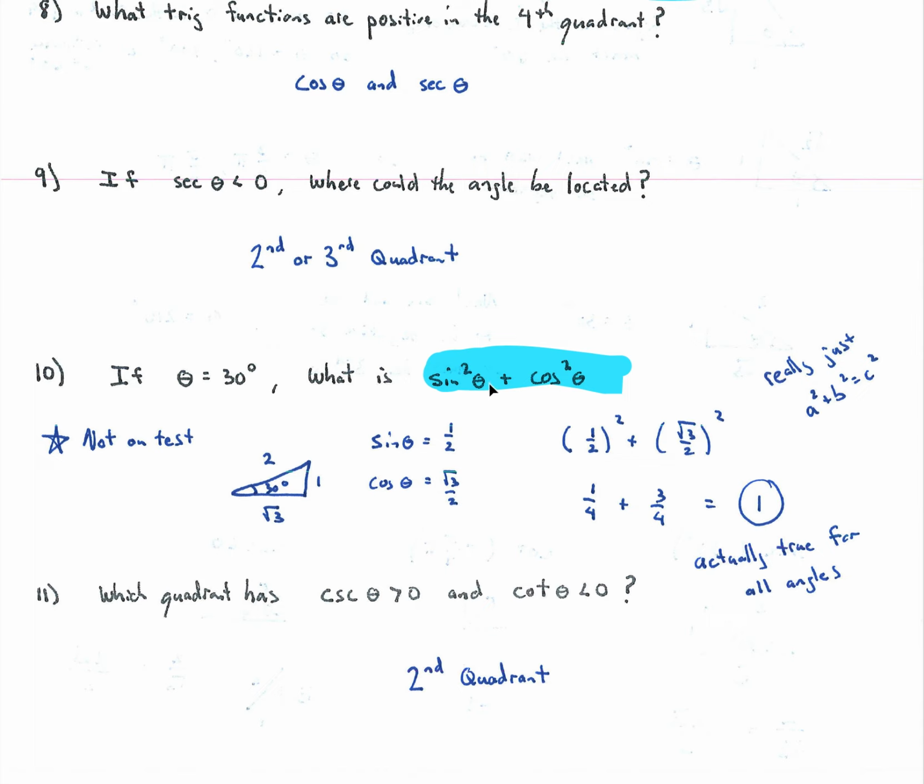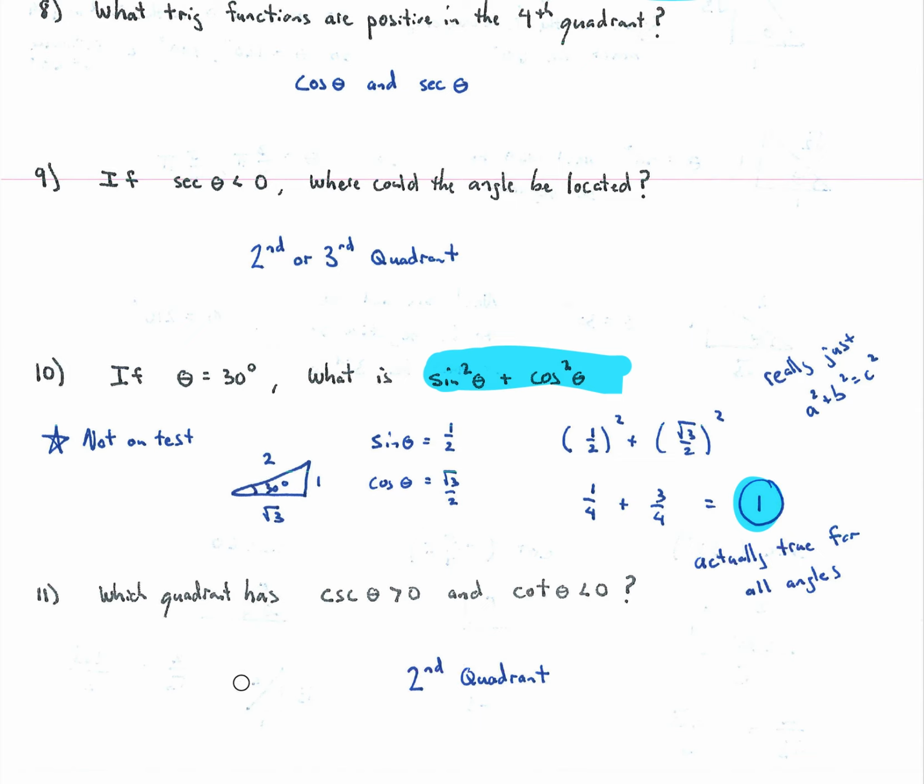And then if you do sine squared, that's just 1/2 squared plus cosine squared, so radical 3 over 2 squared, you get 1/4 plus 3/4, and you get it's equal to 1. And it turns out that that is actually always true for all angles, and it's really just the Pythagorean theorem. Whatever angle you get, if you end up taking the opposite side squared plus the adjacent side squared, you get the hypotenuse squared. And if you're doing it for the unit circle, it's always equal to 1.